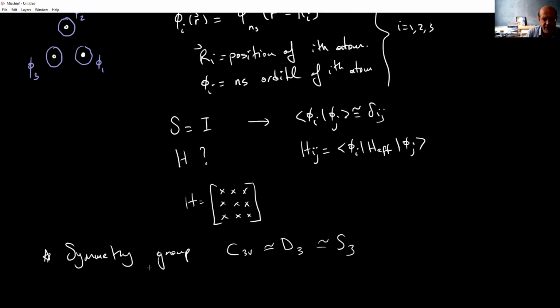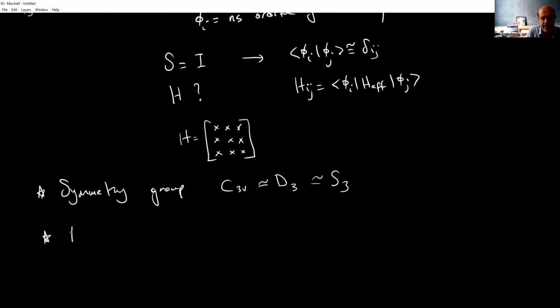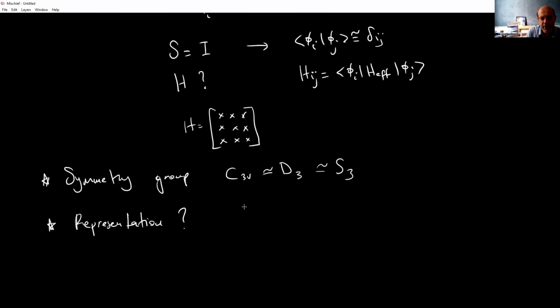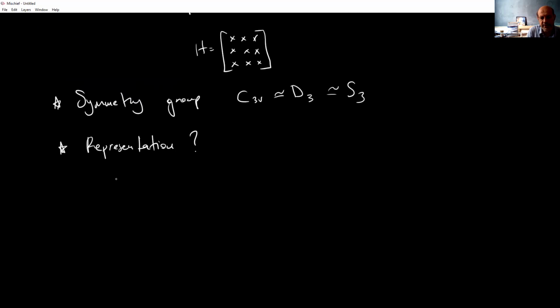In any case, that's the symmetry group. What's the representation? All right, so I'm just going to think about it like this. So this is this molecule. I don't know how to draw the molecule, but that's the molecule in here.